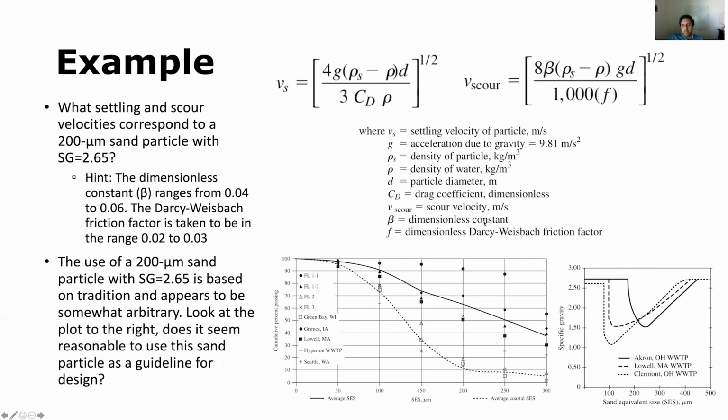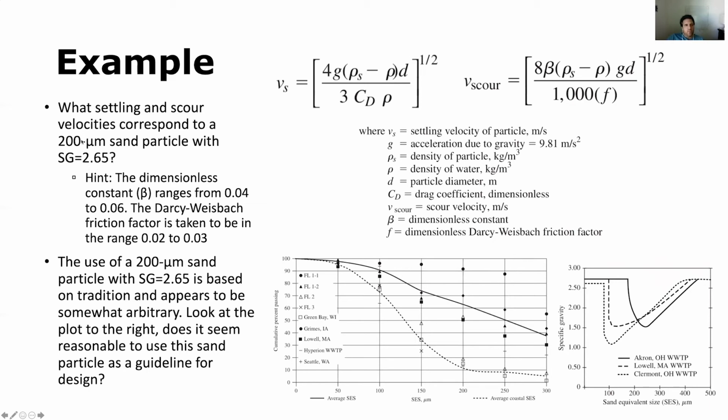And we can do an example problem just to demonstrate how this all comes together. So using these equations here for settling velocity and for scouring velocity, and using our knowledge of the equivalent size of grit and its specific gravity, let's do this example of what settling and scouring velocity will correspond with a 200 micron sand particle with a specific gravity of 2.65.